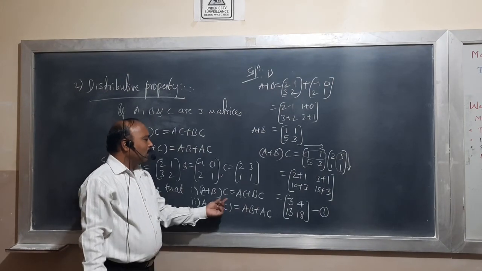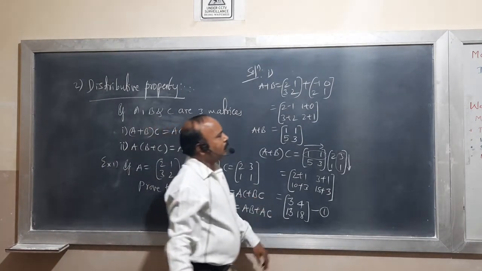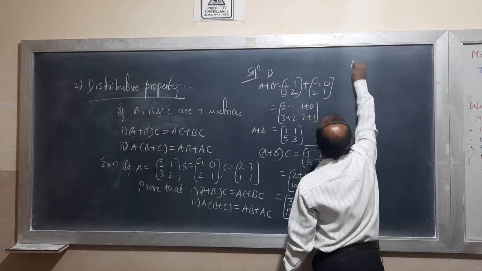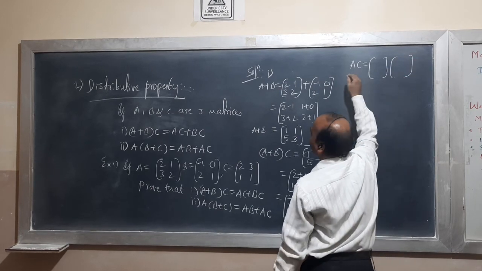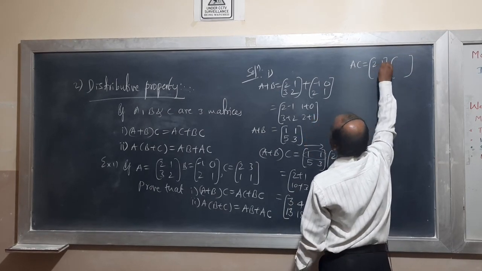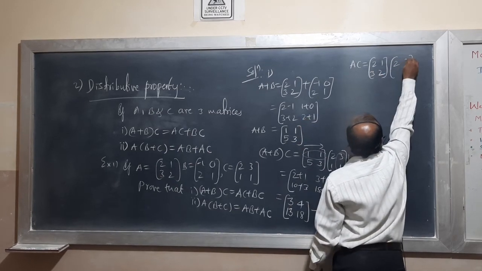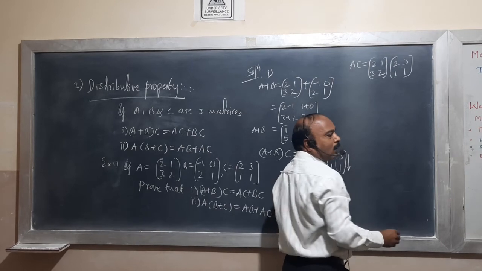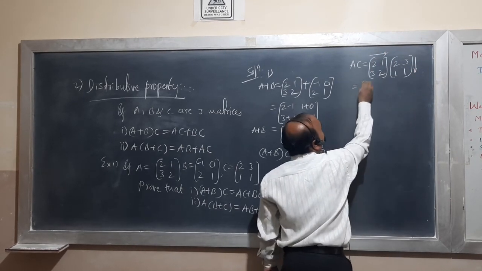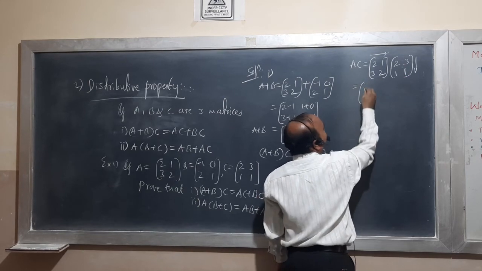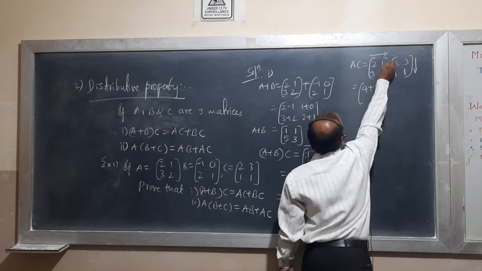Next we try for the right hand side value, that is AC plus BC. First calculate AC. Write matrix A, that is [2, 1; 3, 2], and C is [2, 3; 1, 1]. Now you multiply these two. Again, first row with first column: 2 into 2 is 4 plus 1 into 1 is 1.